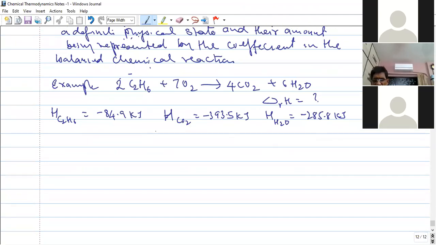The enthalpy of reaction is what? Enthalpy of reaction is equal to summation of enthalpy of product minus summation of enthalpy of reactant.